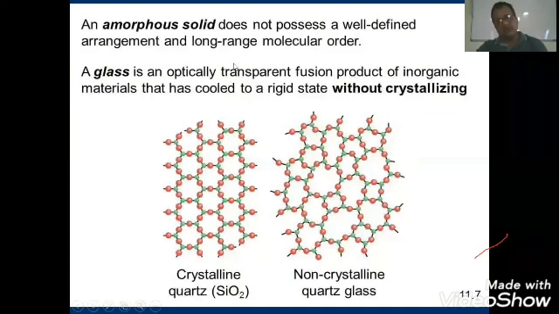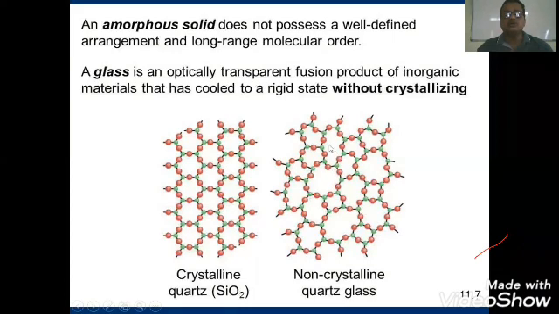Okay. Now you see these are the two structures of silicon dioxide and glass. Here in silicon dioxide, you can see all the constituents have a definite geometrical pattern. It looks the same in all directions. But in case of glass, as I already told you, glass is not a crystalline solid. It is an amorphous solid.